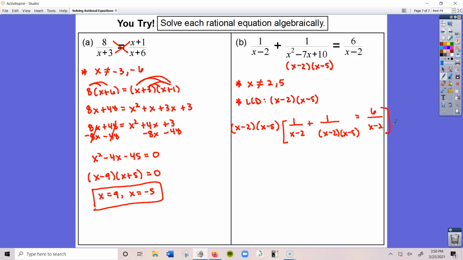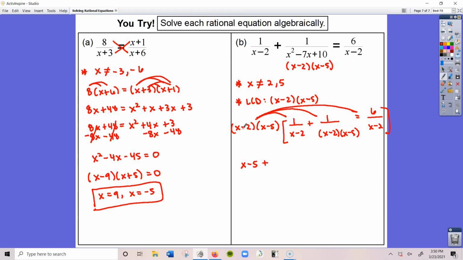Now, if you want to reduce the amount that you're writing when multiplying the LCD with everything, I look at what would end up canceling. Like here, I'm going to multiply this (x - 2)(x - 5), and the x - 2 would end up canceling with this denominator. So really, the only thing I'm multiplying is the x - 5 with 1. So that is x - 5.